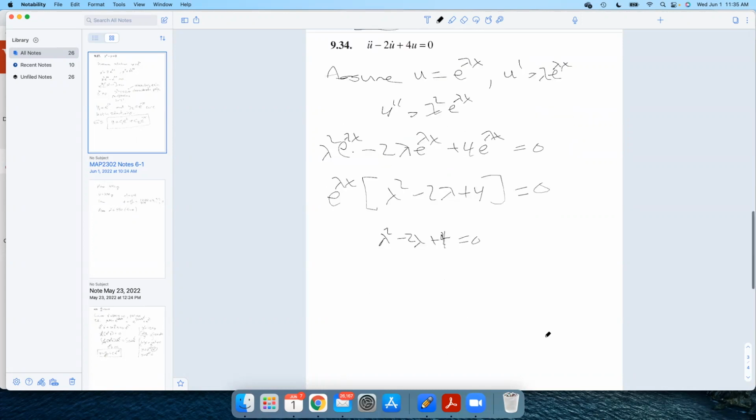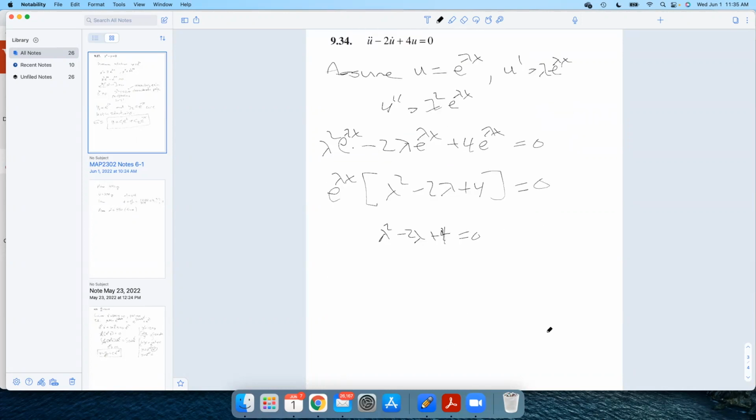So we need to solve this equation, quadratic formula, completing the square, however you want to do it. I find it quicker to use completing the square. So that's how I'm going to do this, because honestly, I don't remember what the answers were. But if you want to use quadratic formula, that's perfectly fine.